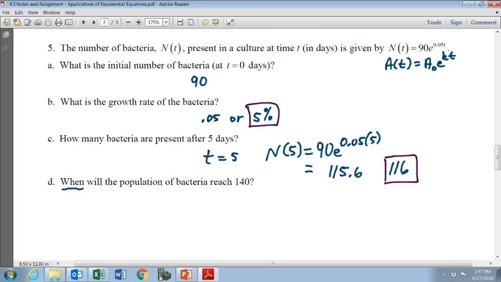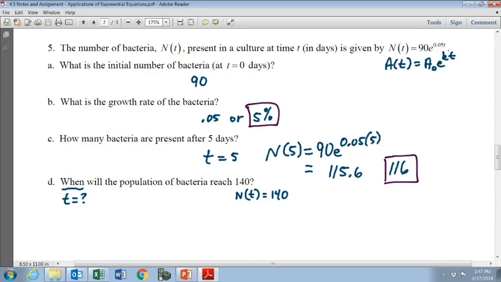I want to mention one other thing here. When we say when will the population reach 140, what they're asking for is time. How much time is it going to take? What's t going to be? We said 140 is what 90 bacteria grow into, so that's going to be our N of t.